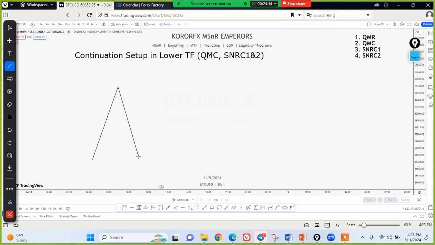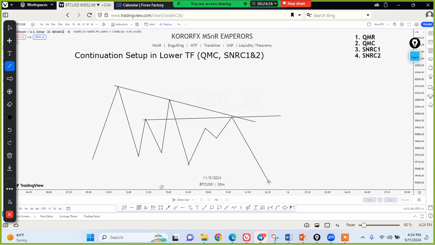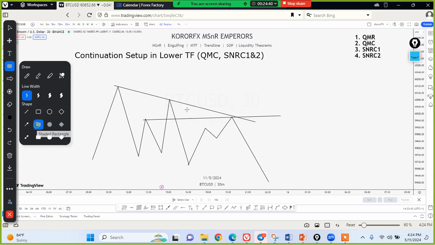For example, it goes up and then creates a little bit here and then pushes back and then comes here. Whenever you see the trend line coming right, there is SNR which is showing you the left shoulder, and then price comes with this and then price sells off. All right, that's QMC.